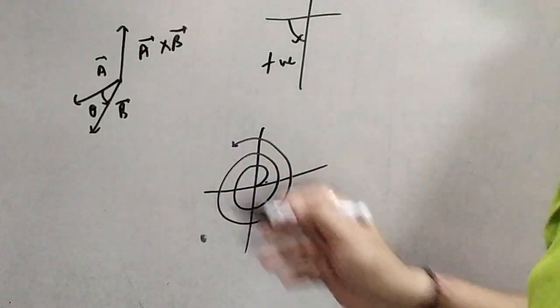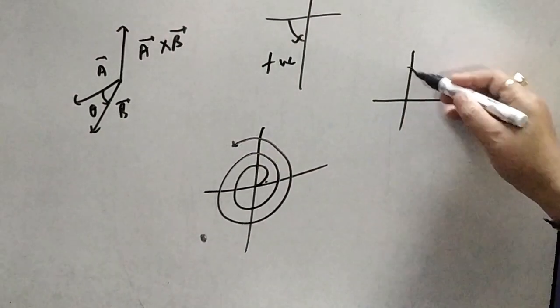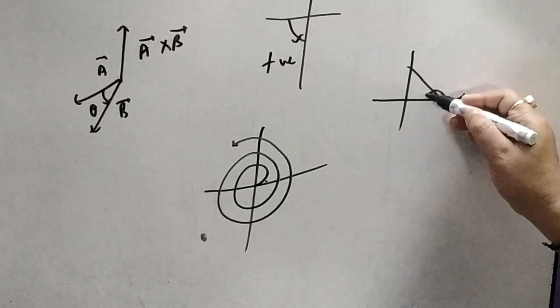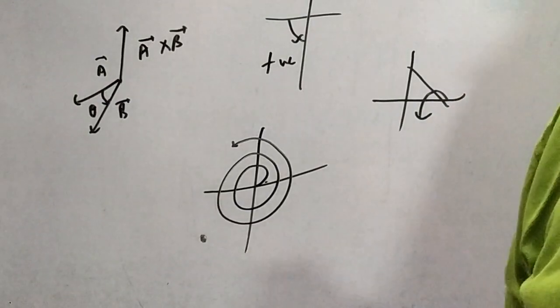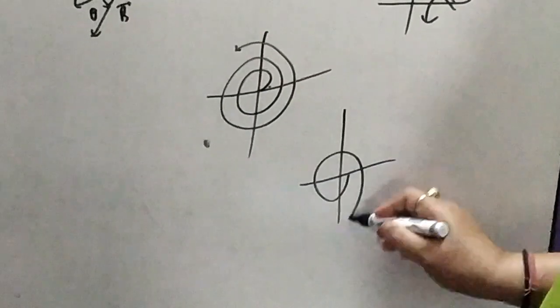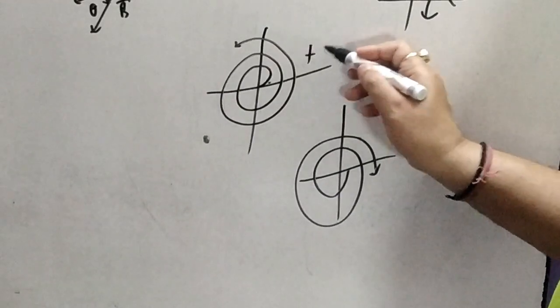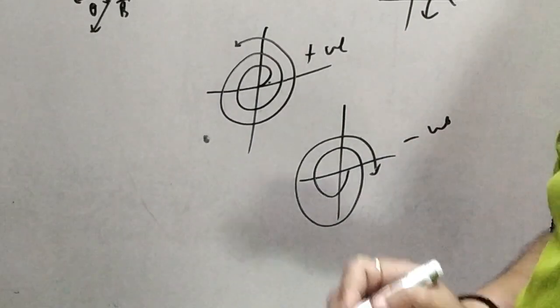If we rotate in the anti-clockwise direction, all the angles that move anti-clockwise are positive angles, and if any angle is moved in the clockwise direction, it is a negative angle. This is a positive angle and this is a negative angle.